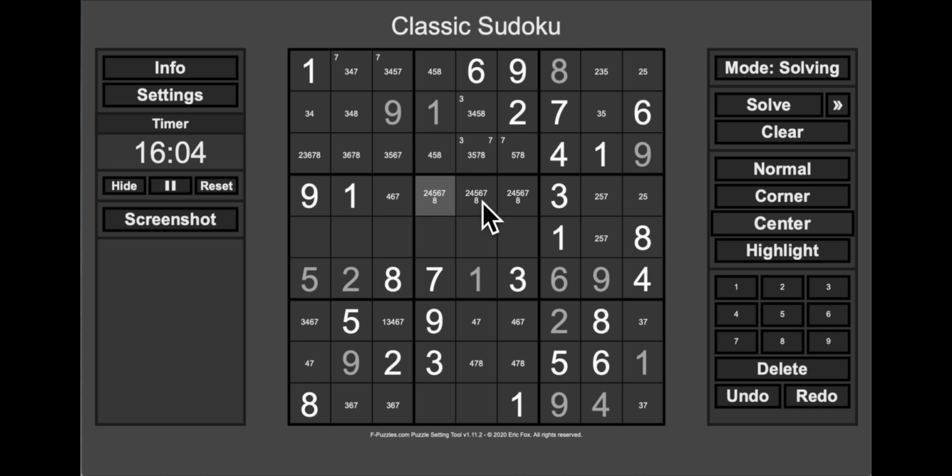This one could still be anything. As can that. This one, we get rid of some things because it's not 2. Oh, that's annoying.